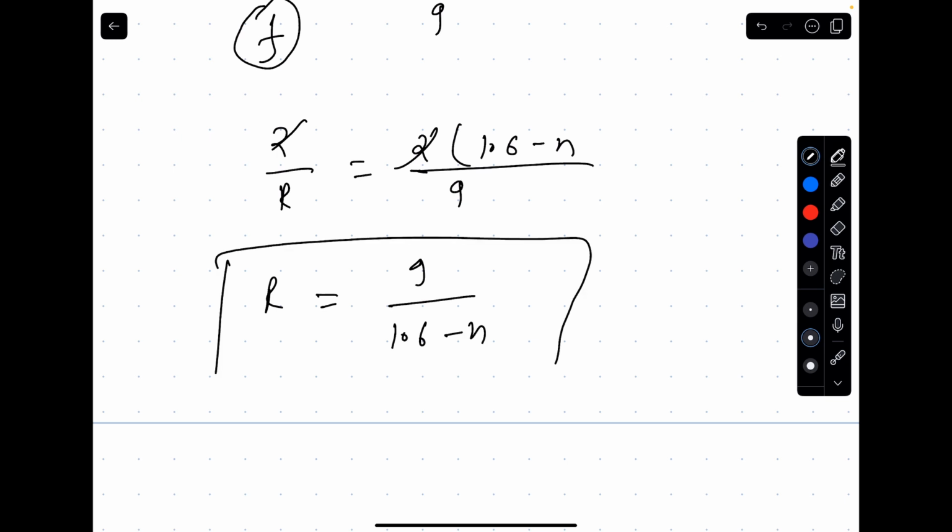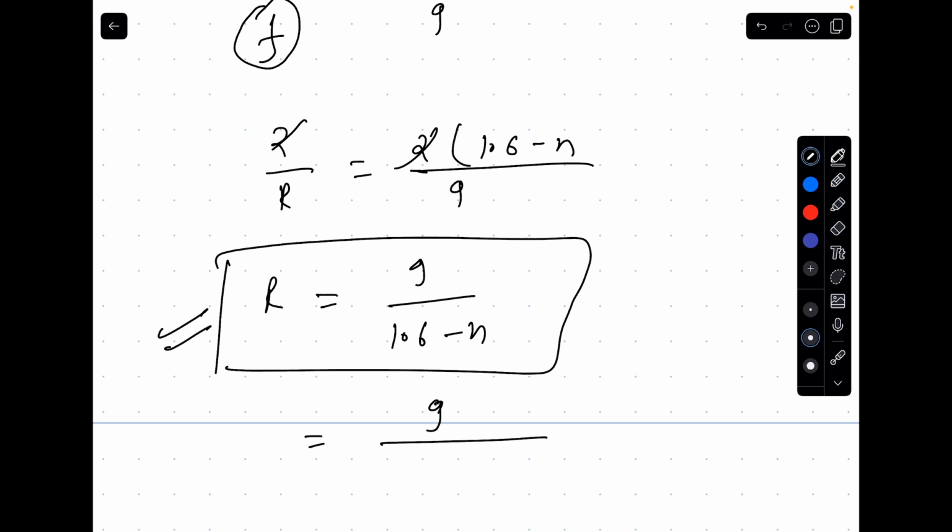This is the radius of curvature, and at that place only we should place the object. So now the first value given in the option is 1.42. Let's have a look at what will be the R value, or the height of the object where we should place the object from the water surface or the below surface.